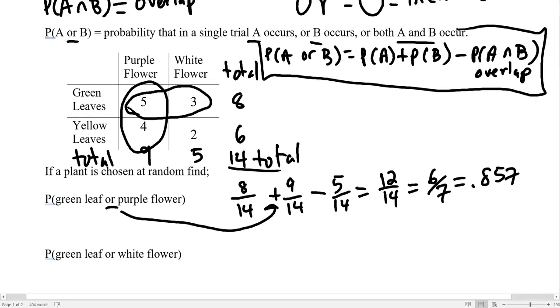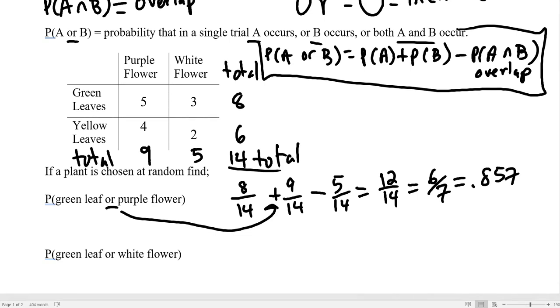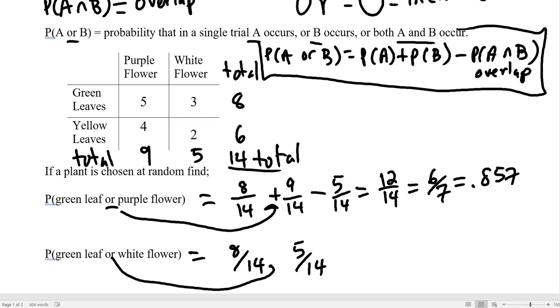What if we said green leaf or white flower? Well, what's the probability now of a green leaf? The green leaf would be 8 out of 14 again. But this time it said "or white flower." How many white flowers are there total? 5 out of 14. "Or" will mean that we are going to add those.